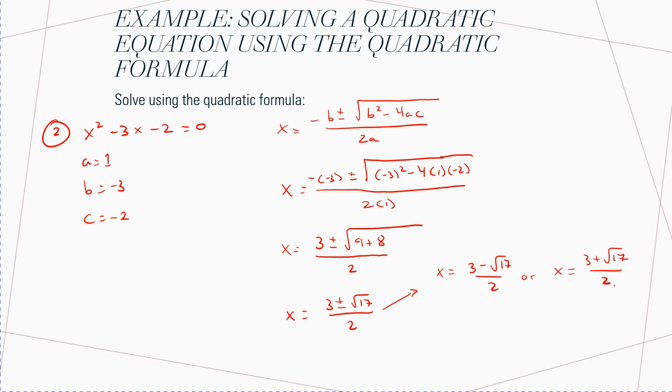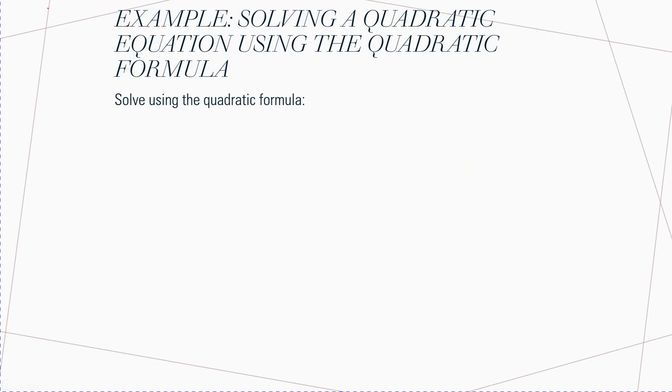All right, let's just do one last one here. So let's solve here. Let's look at 2x squared plus x plus 5 is equal to 0. So look, my a is 2, my b here is 1, and my c is 5.